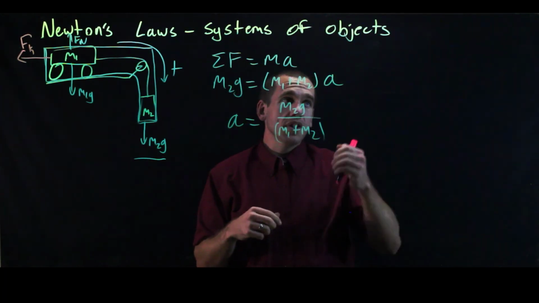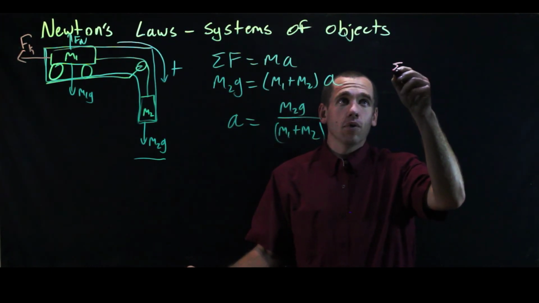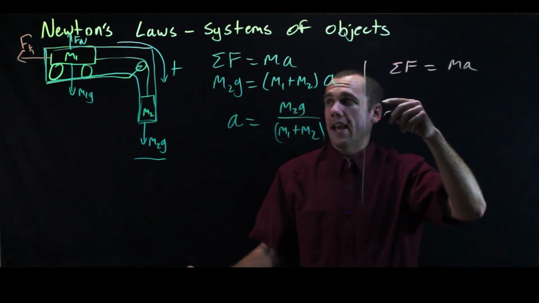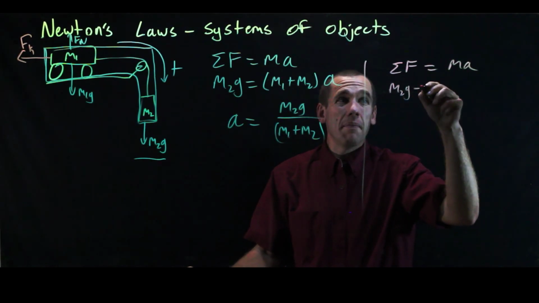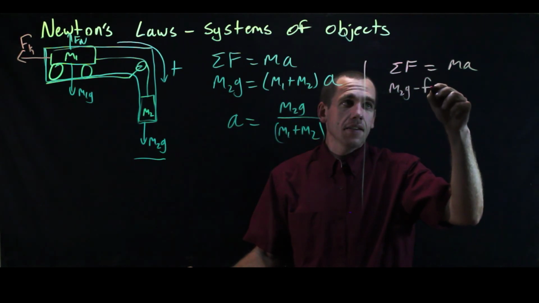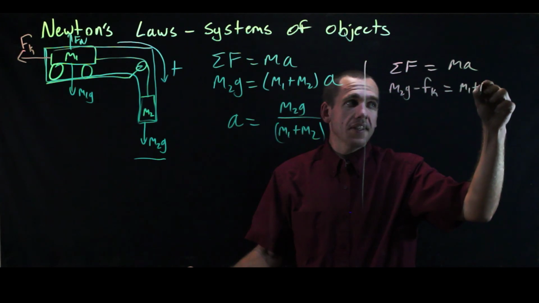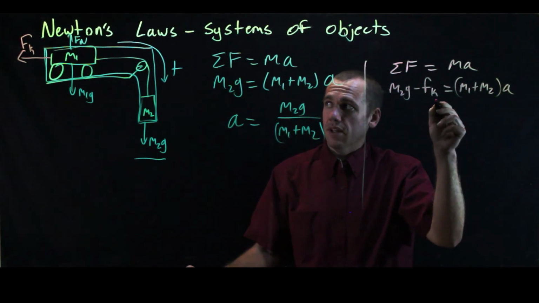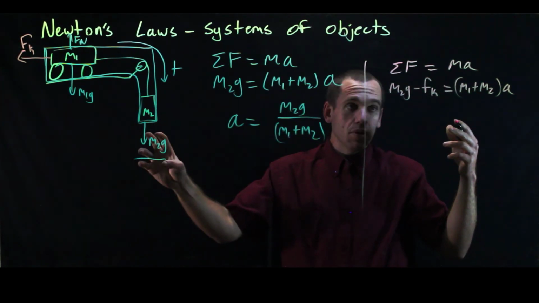So our net force, instead of just m2g, if we were looking at this with friction, we would have m2g minus Fk equals m1 plus m2 times a. We subtracted that because the value of that force would be negative compared to the value of our m2g force.